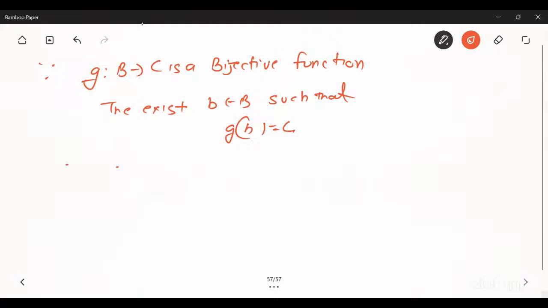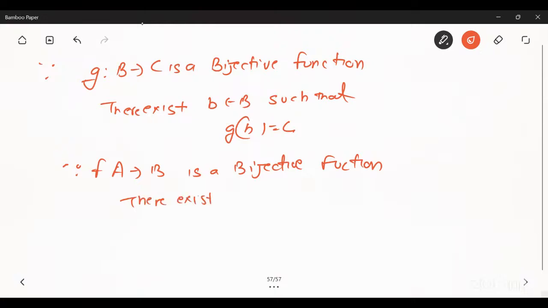And since f from A to B is a bijective function, so there exists a belongs to A such that f(a) equal to b.